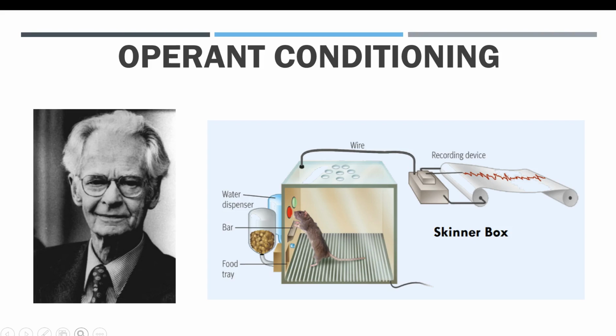Or if a different light or sound was produced and that rat pressed the lever, it might become shocked from the wire bottom in order to be punished and learn to only press the lever for a specific sound or a specific light. And so Skinner was really interested in how reinforcement and punishment affected our behavior.